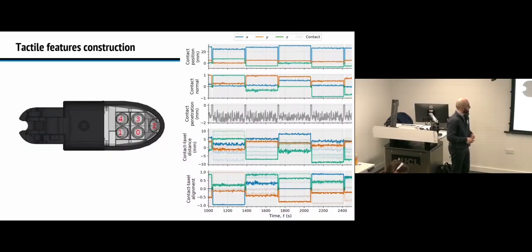If you have contact taxel distance, you almost have also the contact position. If you have the alignment, you almost have the normal. So these are two position-oriented blocks, and these are two orientation blocks. So actually, if you already have the contact position, why do you need the contact taxel distance?